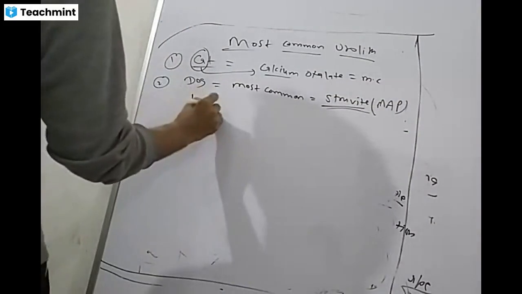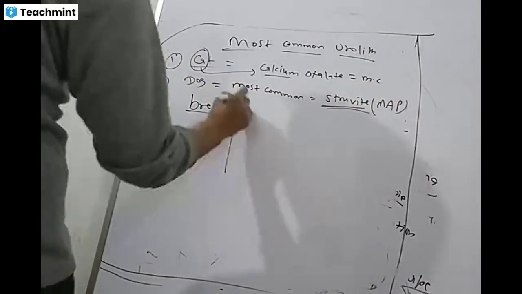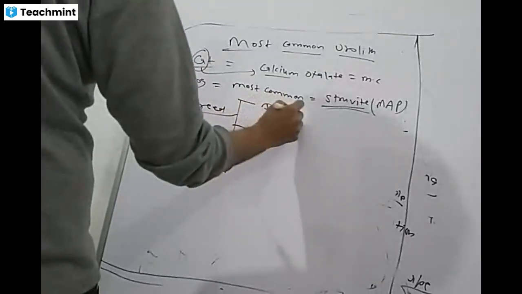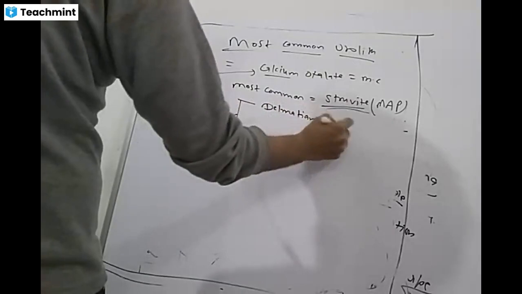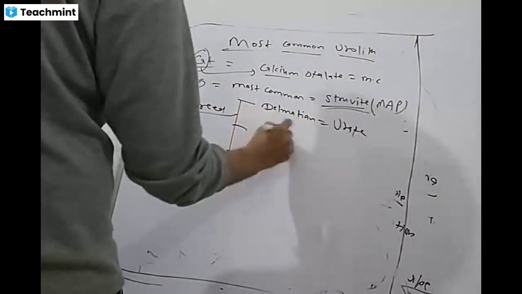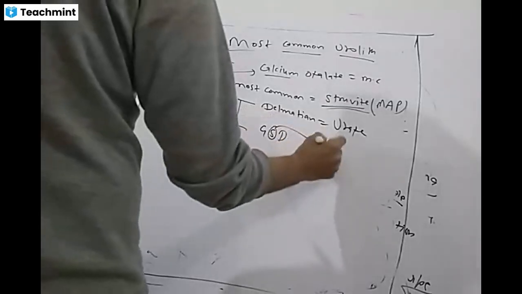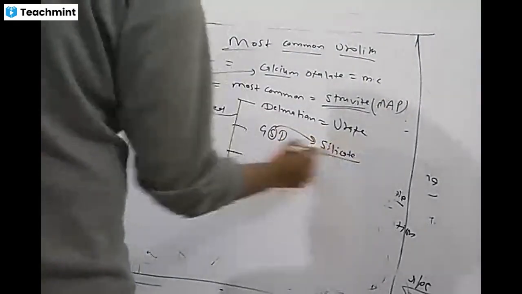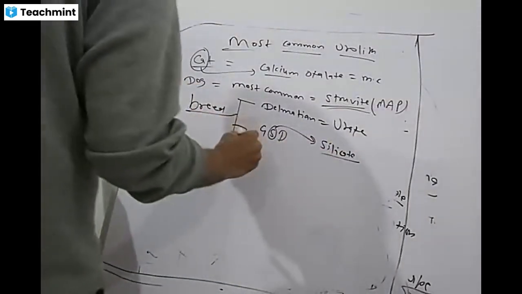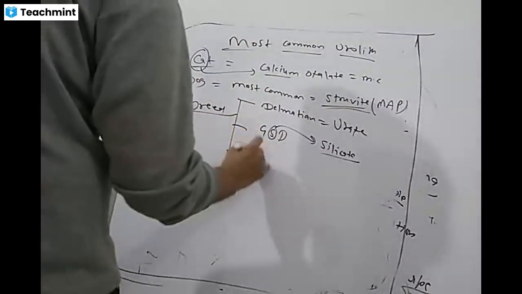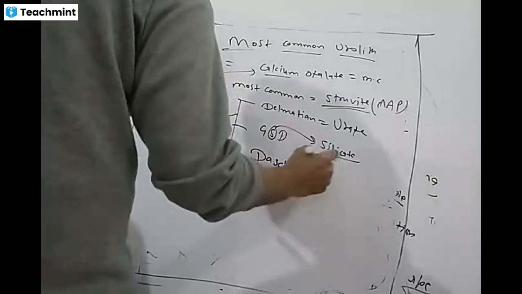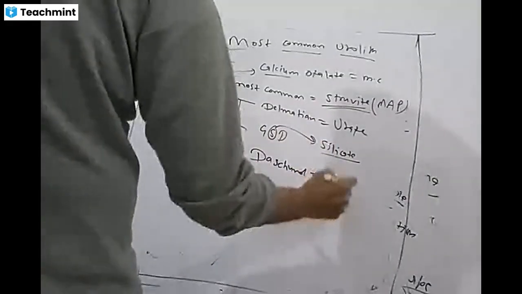But in case of dog, there are some breeds which have common calculi. For example, Dalmatian having urate as common, GSD having S for silica, that is silicate crystals as common, and there are some Dachshund breeds having common cystine.